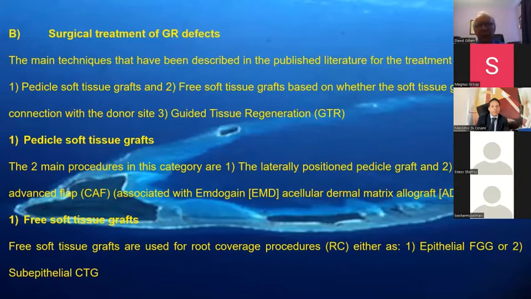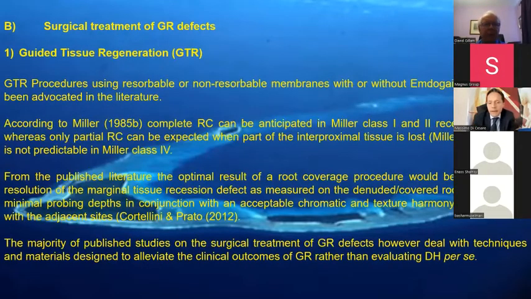Again, if you go back to the Cairo and the Miller classification, you have to take into account your forecasts, and that is dependent on the classification that you're using. So you have to be realistic in your management. And I think that's true for both the patient and the clinician. We have to be realistic in our outcomes. Otherwise, we might get disappointed. Next slide, please.